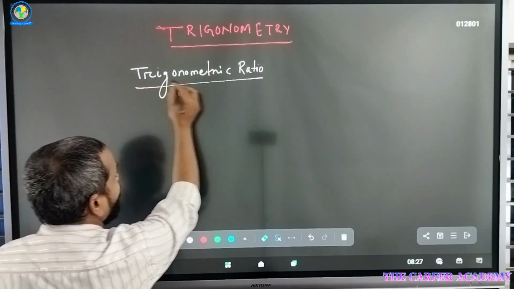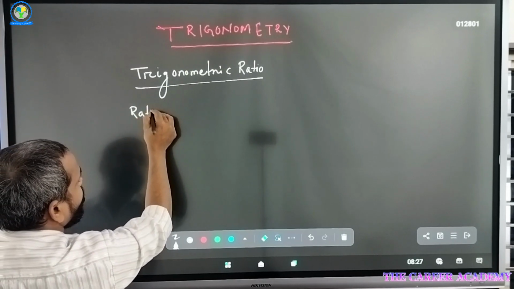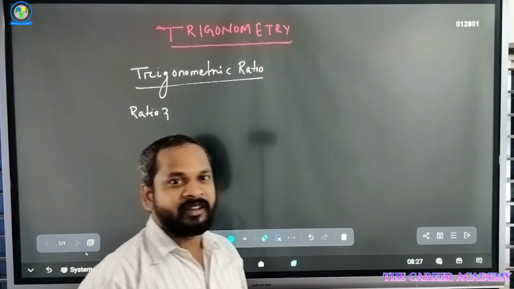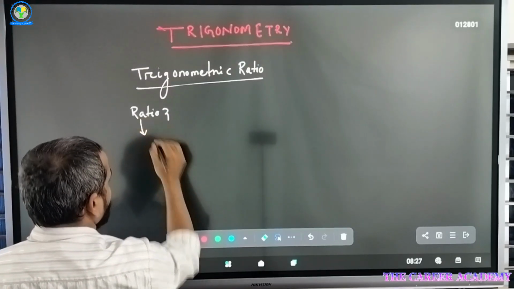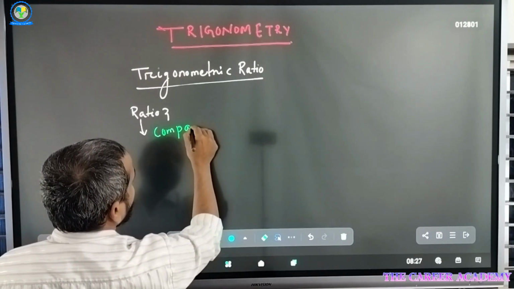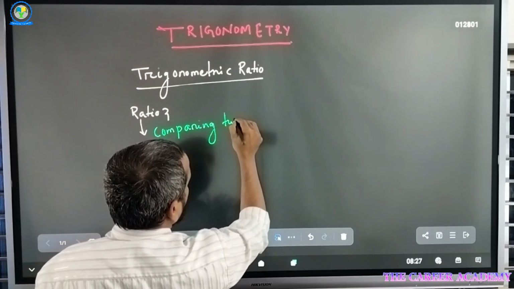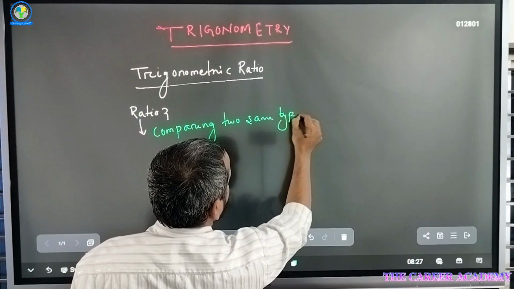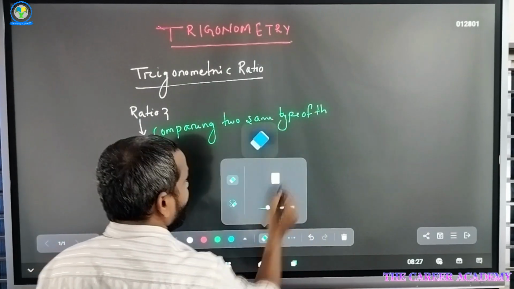Trigonometric ratio. Why is it called a ratio? Ratio means comparing two same type of quantity.